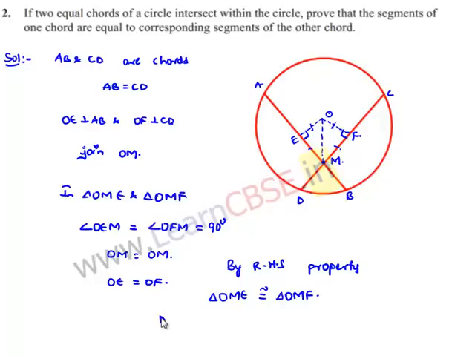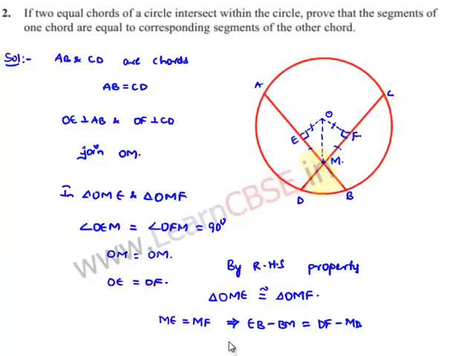Let us equate the corresponding sides, that is ME is equal to MF. That implies, instead of ME we can write EB minus MB, which is equal to, instead of MF, DF minus MD.